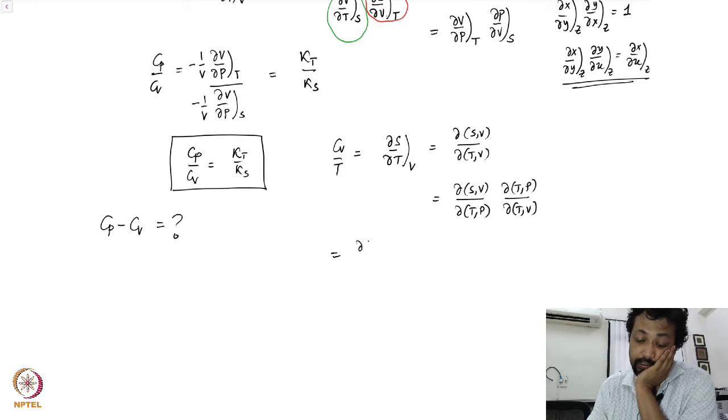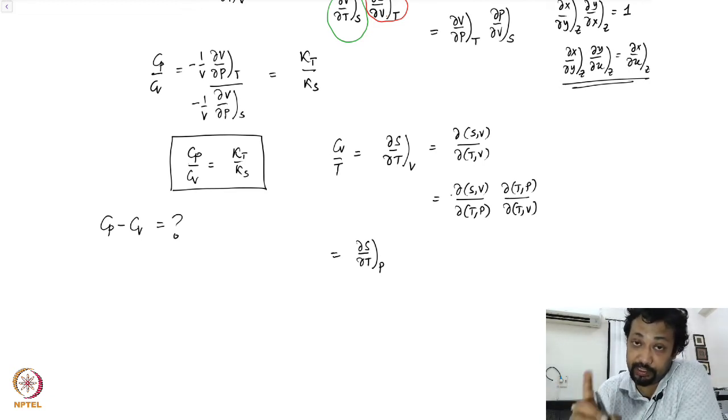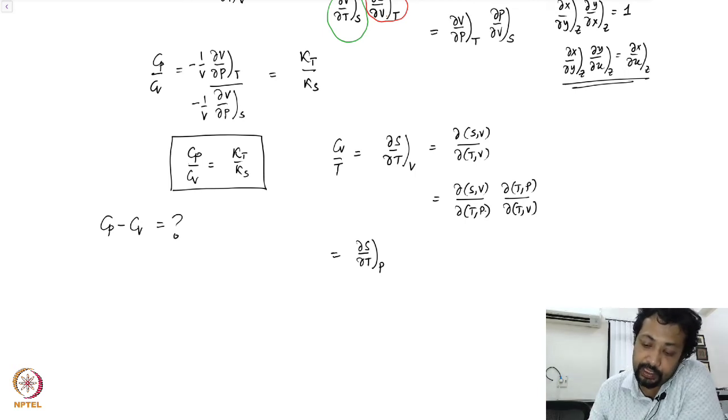So the first one is (∂S/∂T) at constant pressure. I'm a little bit careful in introducing the pressure because I want to relate Cp and Cv. What I have on the left hand side is Cv over T. I want the right hand side to be Cp over T, which is (∂S/∂T) at constant pressure. Therefore, I have brought in T and P. That's how the original thought process was.